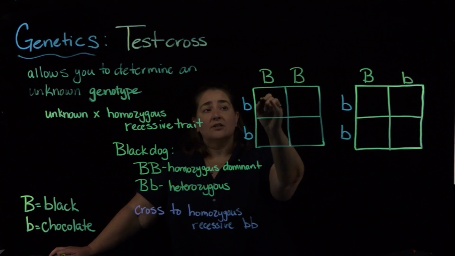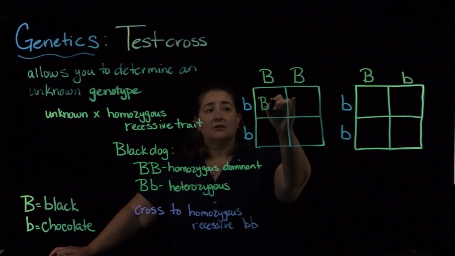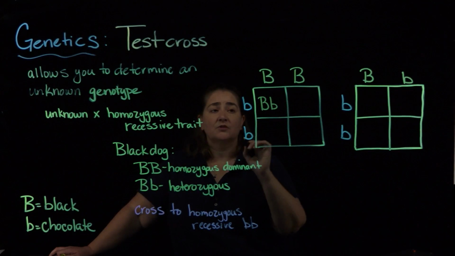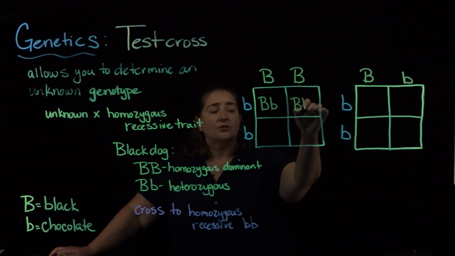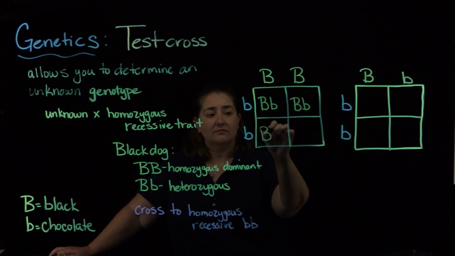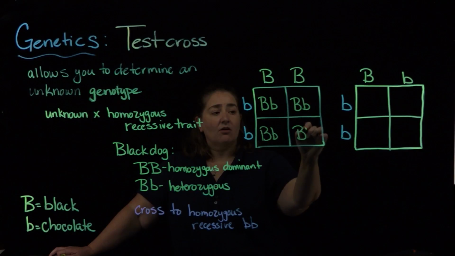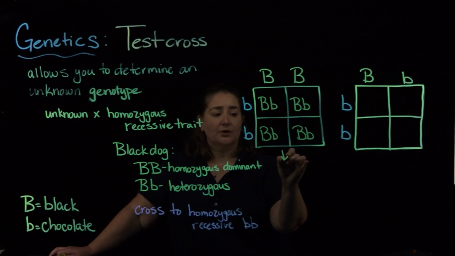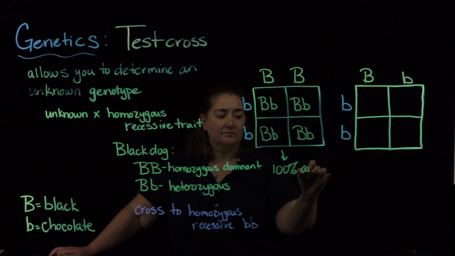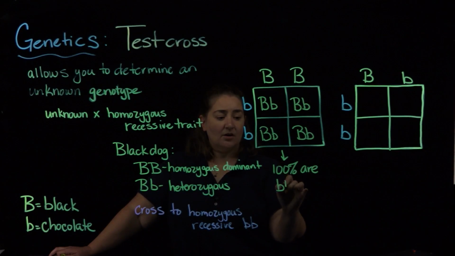If our black dog is homozygous dominant, what you'll notice is that all of the offspring are going to be black dogs.